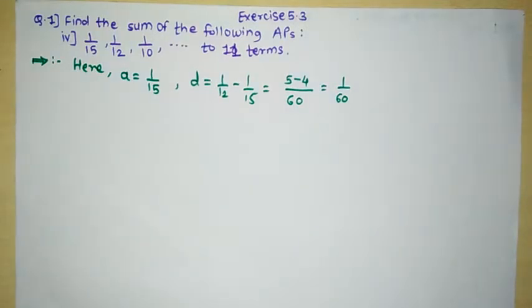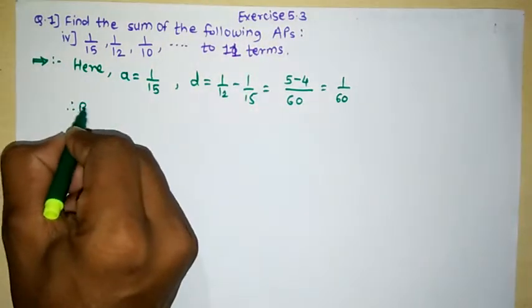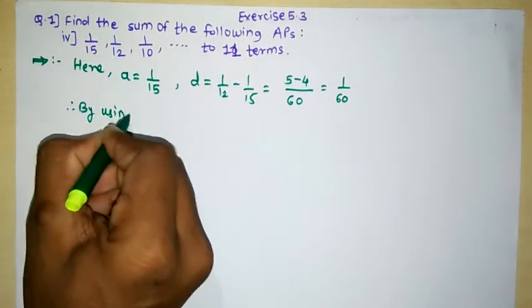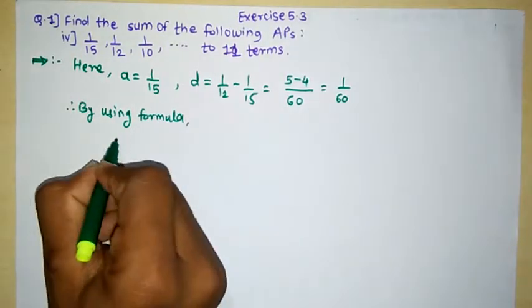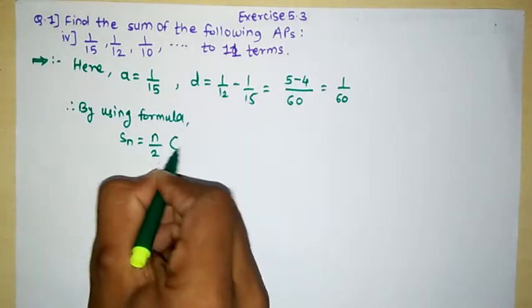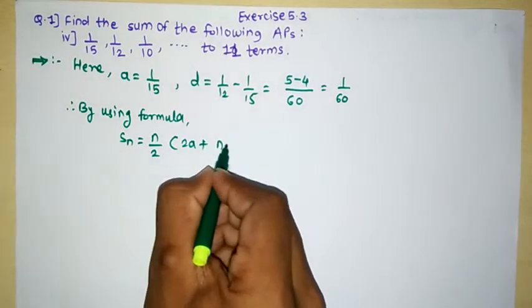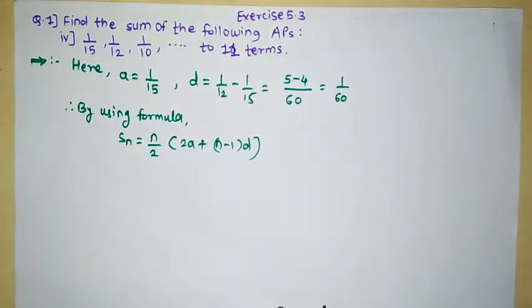Now what we have to find? We have to find the sum of the first 11 terms. Therefore, by using the formula Sn, that is sum of the n terms, is equal to n by 2 into 2a plus n minus 1 into d. By using this formula, we can find the sum of the n terms of the AP. But what we have to find here?